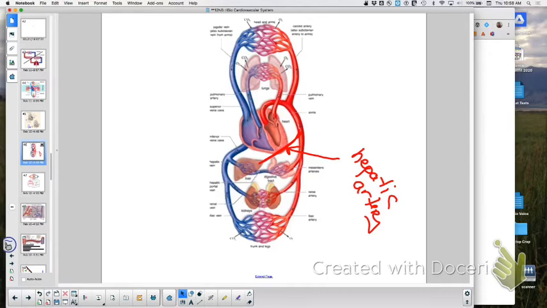First one is in the intestines, and the second one is in the liver. There are two other places where that happens in your body. One here in your brain, the pituitary gland, and one in your kidneys, but we're not talking about that right now.